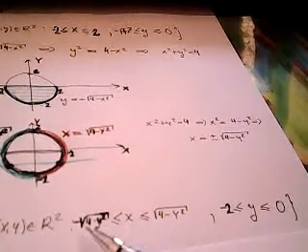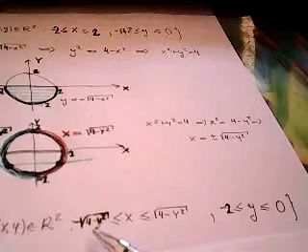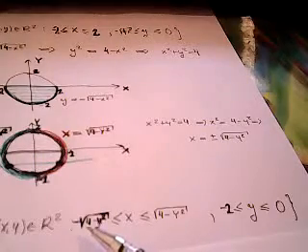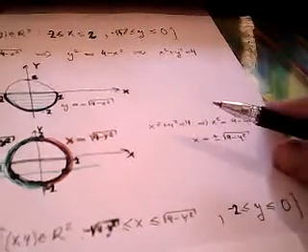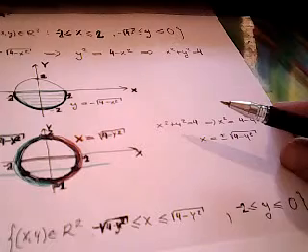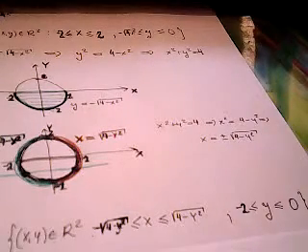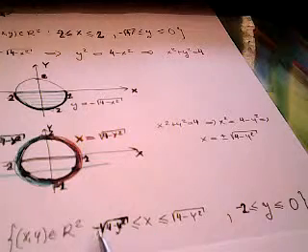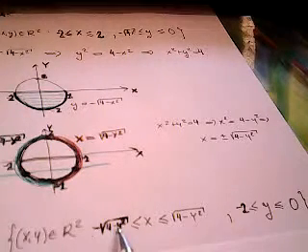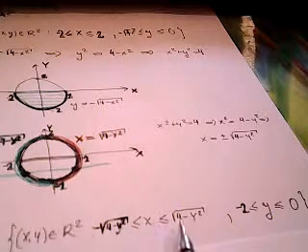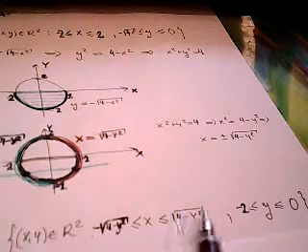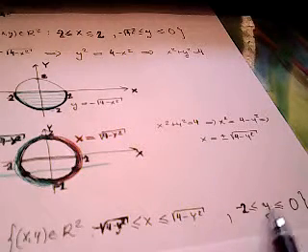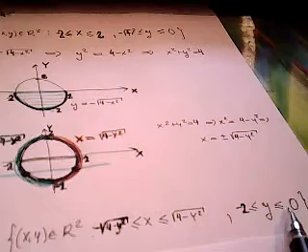I say again: x is between minus root square of 4 minus y squared and root square of 4 minus y squared, and y is between minus 2 and 0.